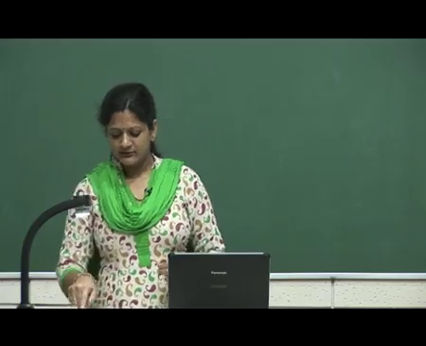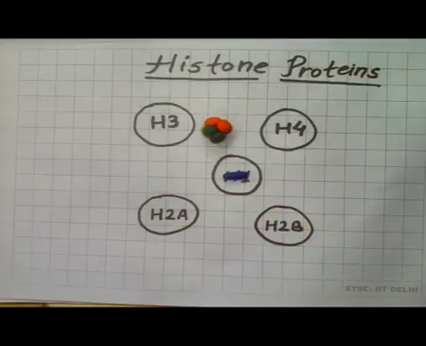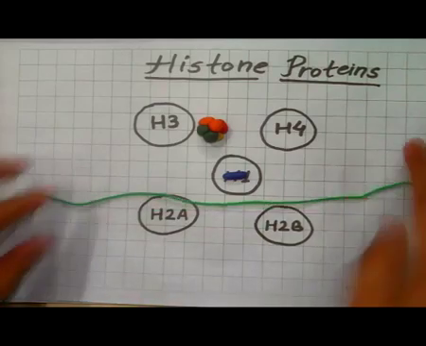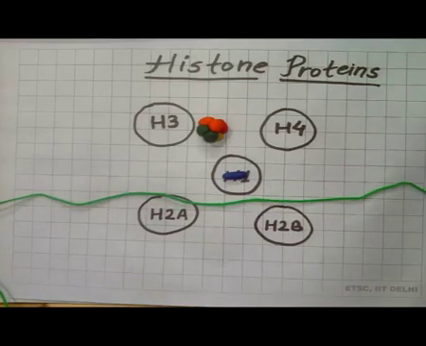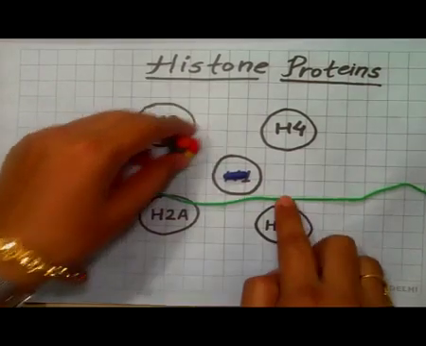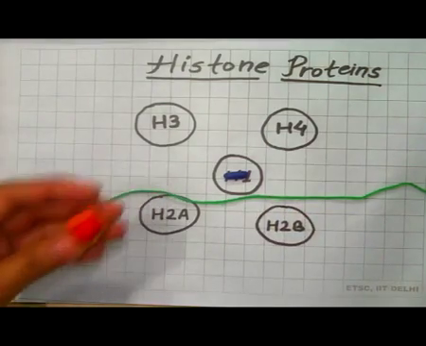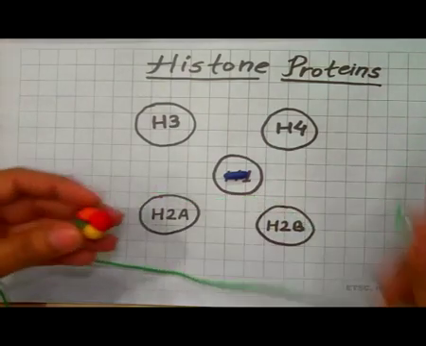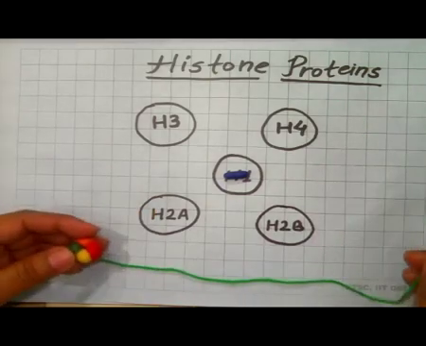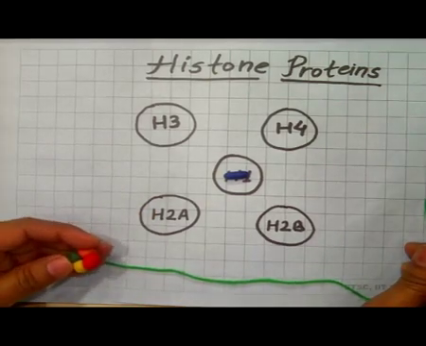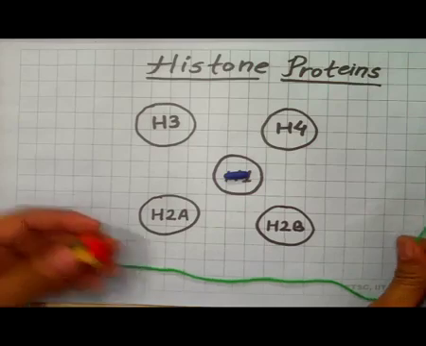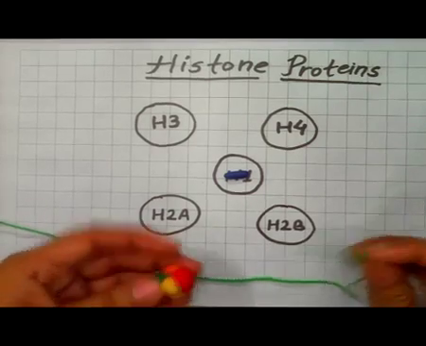And this histone is positively charged, and let us suppose this is the DNA, this DNA is negatively charged. Because of the opposite charge, this histone will help the DNA to get wrapped on this. Now, let us see how the DNA gets wrapped over the nucleosome, the histone octamer.